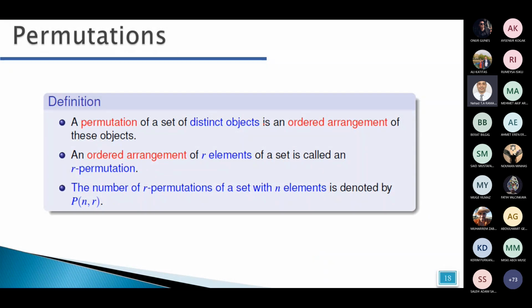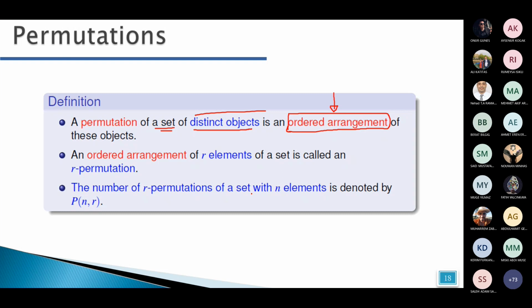So the idea of permutation is when we need to select a set of distinct objects in an ordered arrangement. So this is the difference between permutation and combination. Here in permutation, we have order in the arrangement to select the objects.